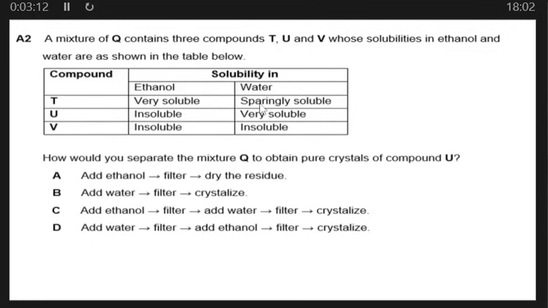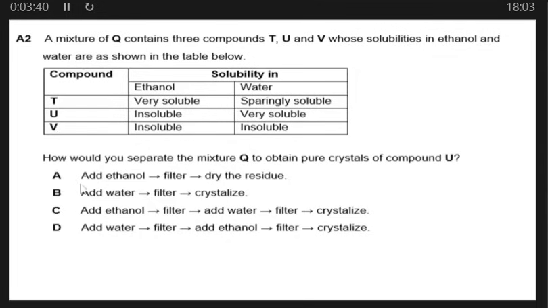In water, T is sparingly soluble, which means slightly soluble, U is very soluble in water, and V is insoluble in water. Then the question says, how do you separate the mixture Q to obtain pure crystals of compound U? So you want to get pure crystals of compound U from these other compounds.